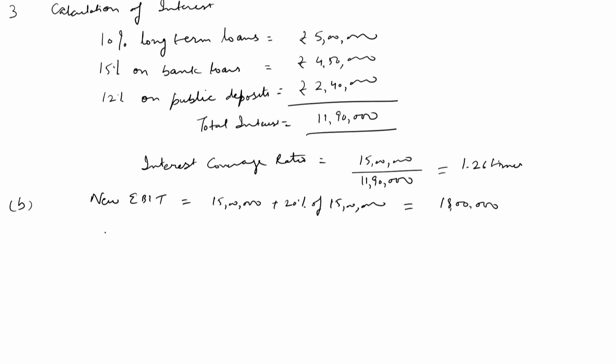So the new interest charges, in addition to the old one, that is 11,90,000 plus 15% of 30 lakhs, which comes to 4,50,000, we reach the figure of 16,40,000.